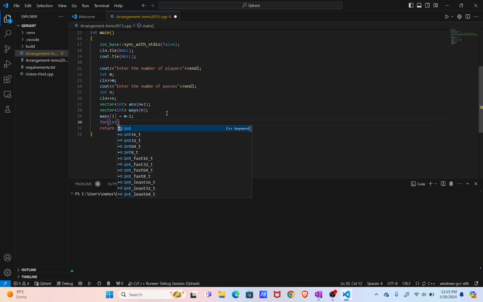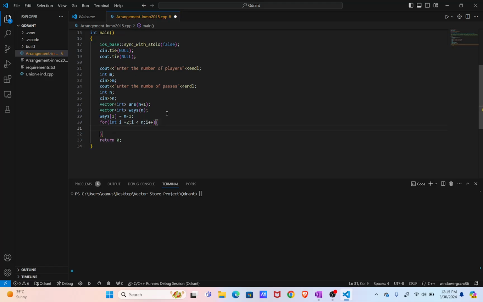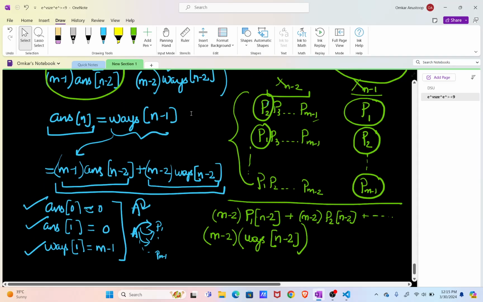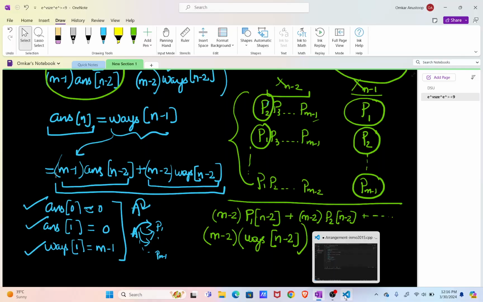Then I can run a for loop from 2 to, I guess, this. And then I use the recurrence. So ways at any position at n minus 1 is M minus 1 times answer at the previous position plus M minus 2 times ways at the previous position.